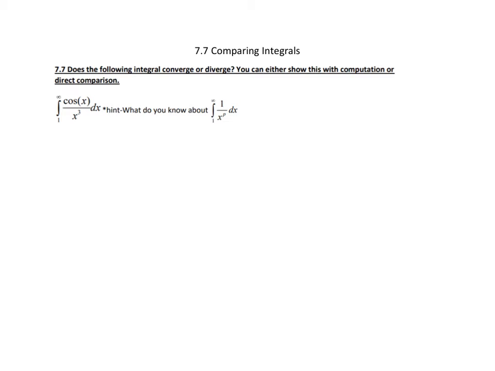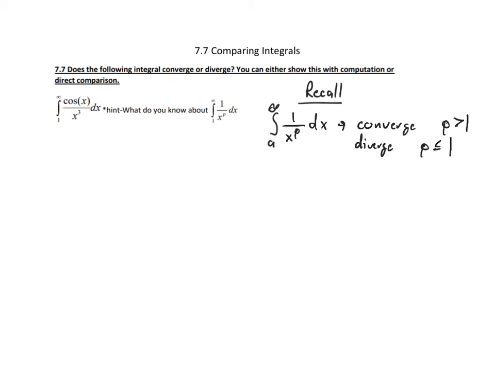A few things I want you to recall: in general, for an improper integral from a to infinity, allowing a to be any number, of 1 over x to the p dx, it will converge for p greater than 1 and diverge if p is less than or equal to 1.